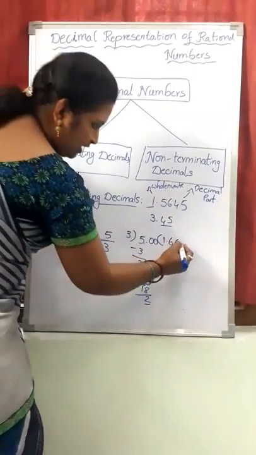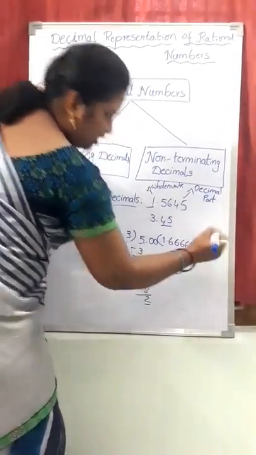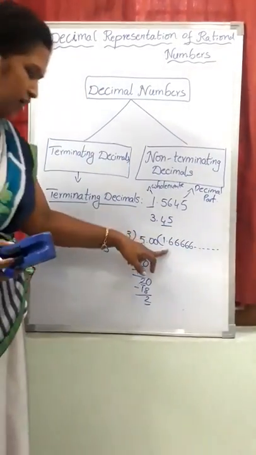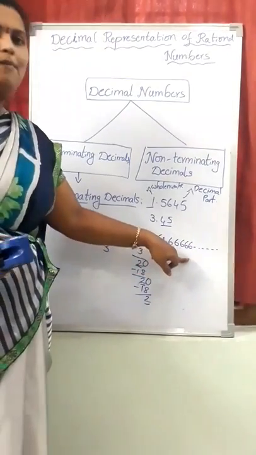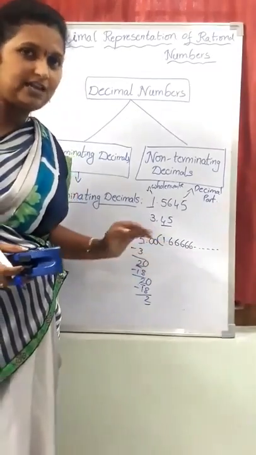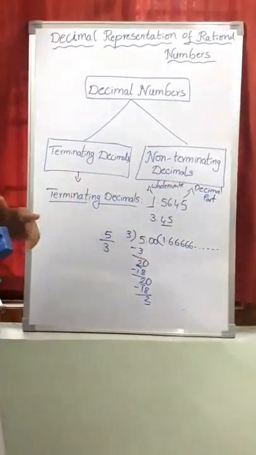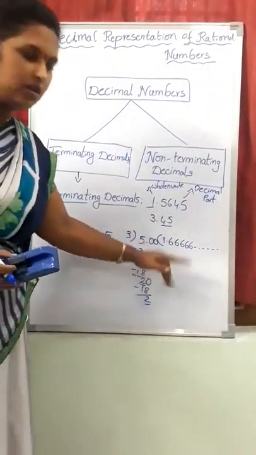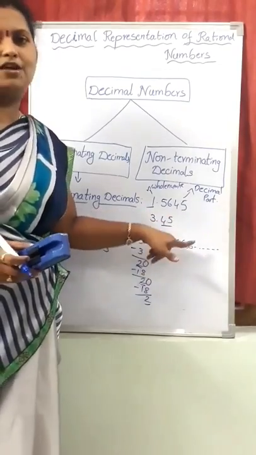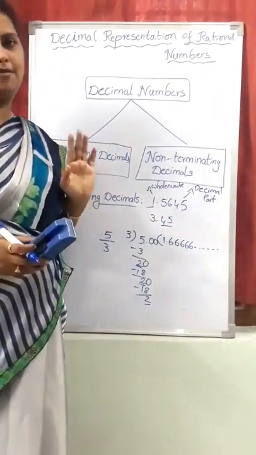Then we will get the answer also like this: 1.666666 and so on. Here, when we observe the decimal part, it is not ending anywhere. It is continuing. It has an infinite number of digits in the decimal part. So decimals of this type are called non-terminating decimals.